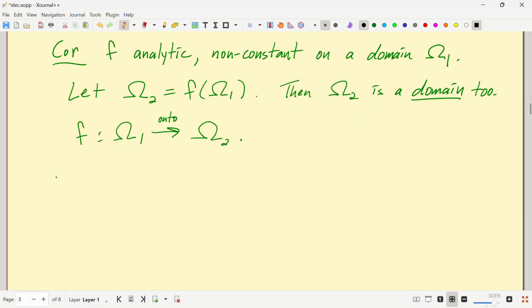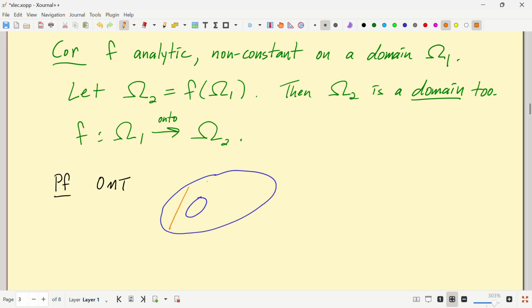And the proof is just the open mapping theorem. Because if I had a domain here, there's a domain, it could have a hole. Okay, I know that the image of this thing would be an open set.